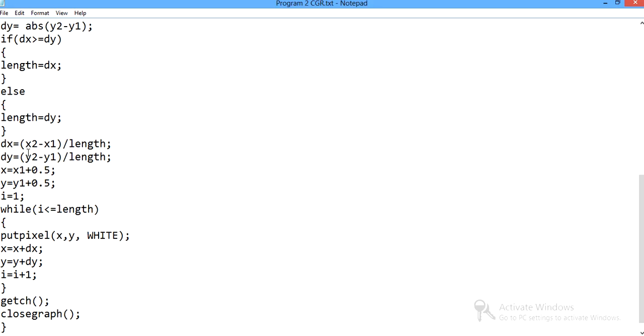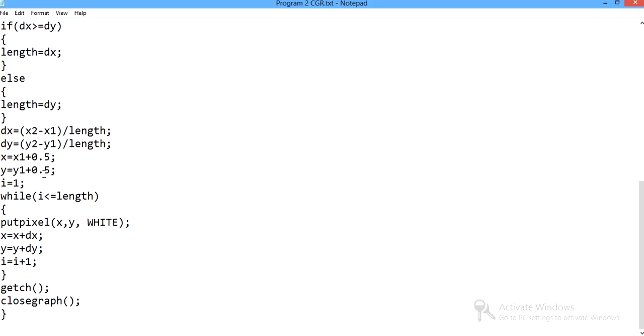Then x is equal to x1 plus 0.5, and y is equal to y1 plus 0.5. The length value depends on dx and dy: if dx is greater than dy, then length is dx, else length is dy, which we have seen already.